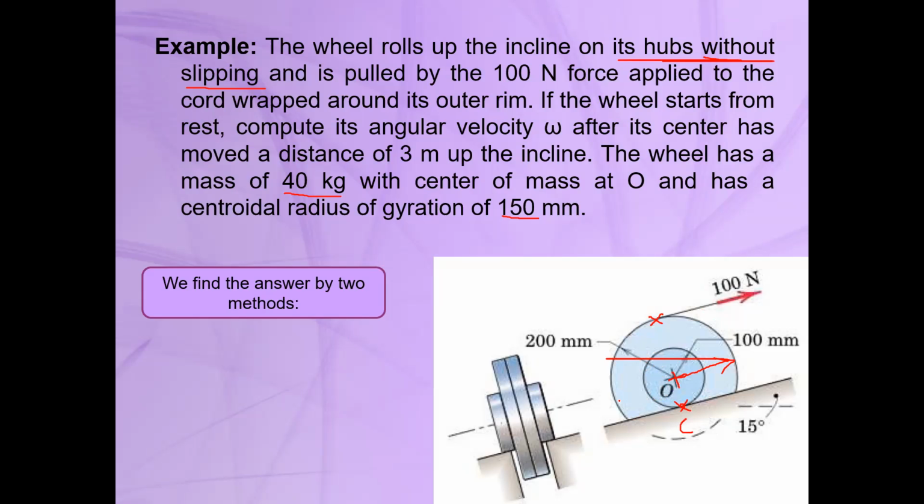So let's start to solve this problem first using Newton's second law. This is the free body diagram for this wheel. When you want to use Newton's second law, the first step is to obtain the free body diagram of the system or the body. Here we have a wheel.